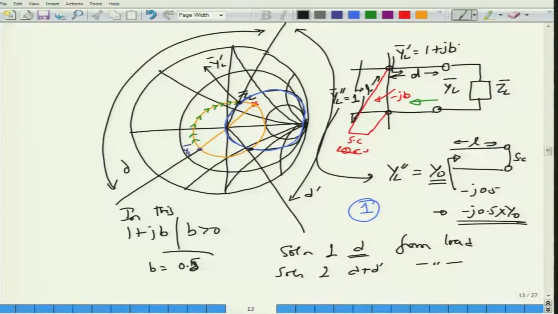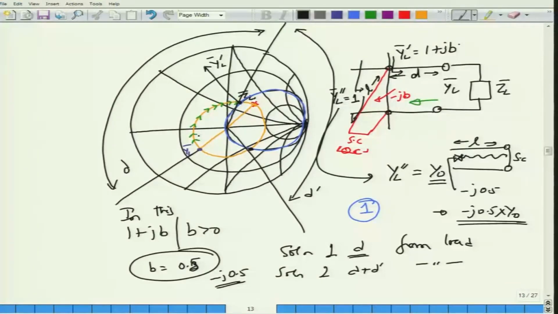So what you need to do is to reach minus j 0.5 from the short circuit, right. So you can start from the short circuit point and then move towards the generator such that you reach minus j 0.5, okay. That is actually quite simple.